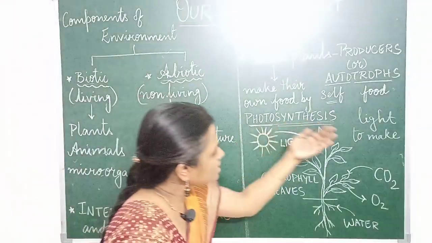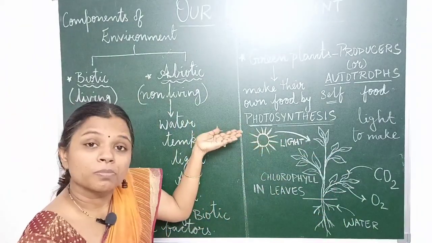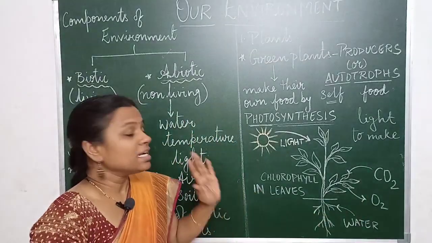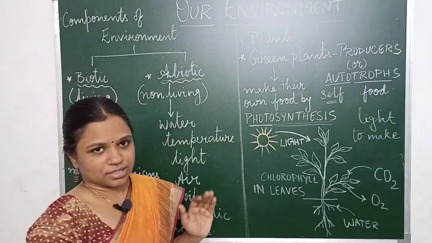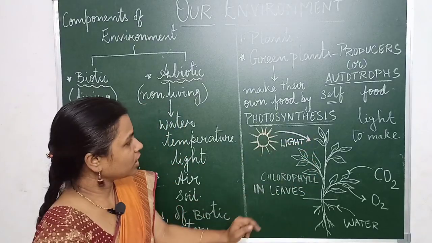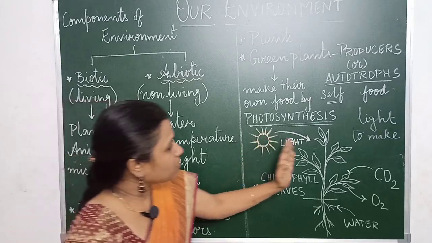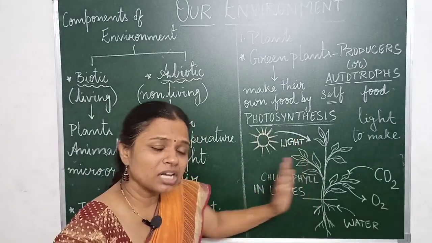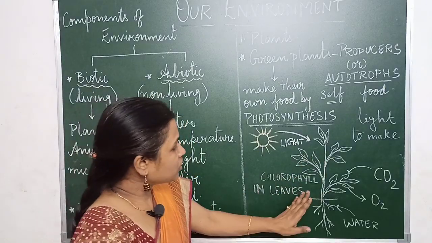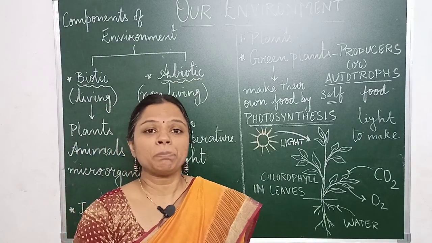Now, here I have shown you the pictorial representation of this whole process. By learning this diagram, children, you can tell what is photosynthesis. Now, in this you can see a plant, and you can also see the sun, which is providing light energy to the plant. Now, this is a green plant in which the green color is due to the presence of a special pigment.